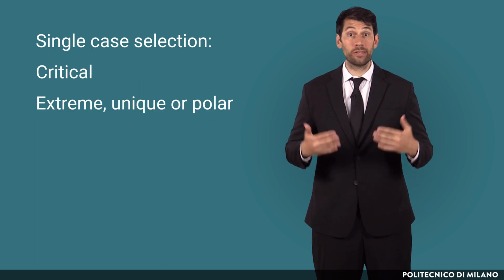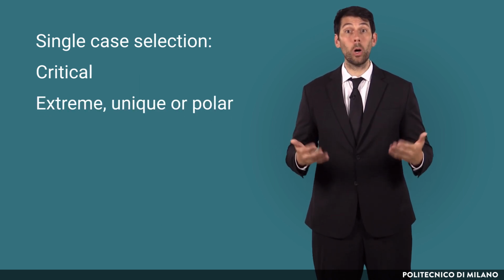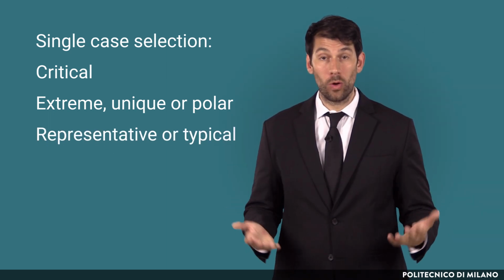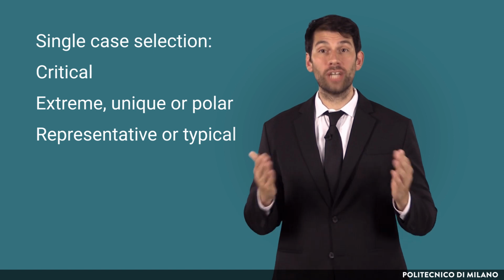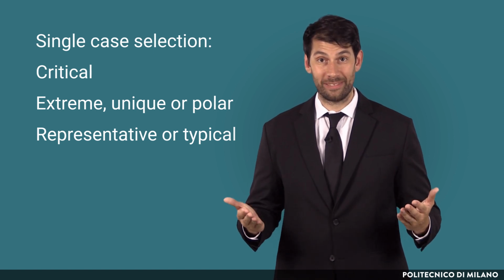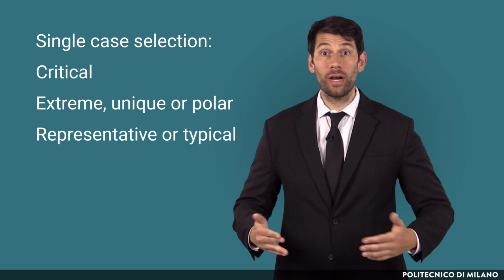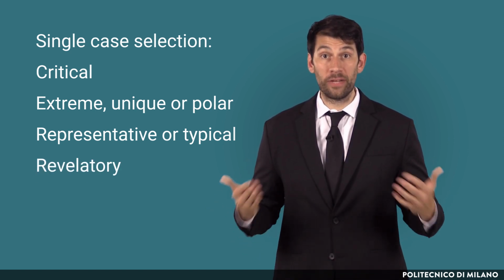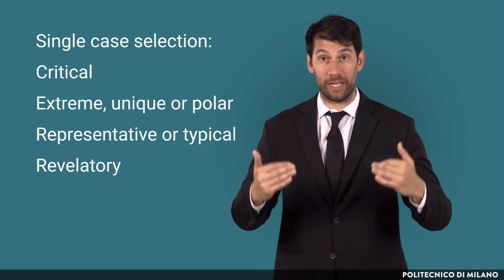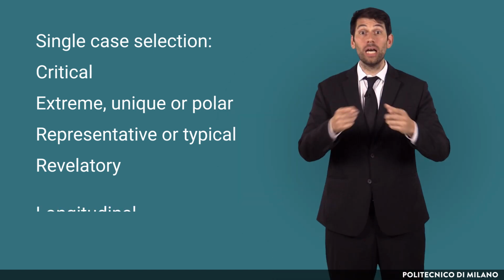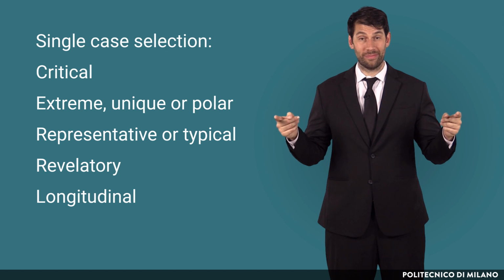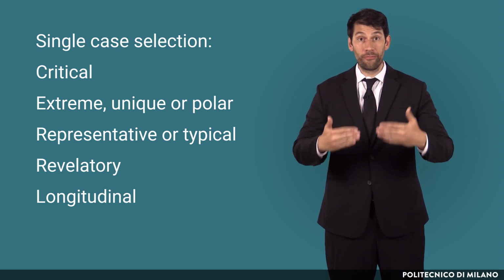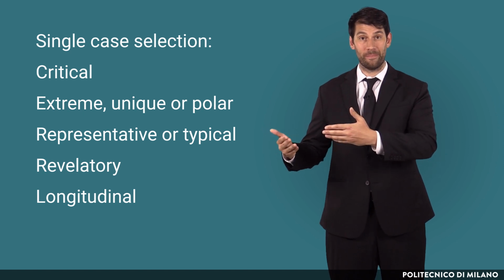You can select an extreme, unique, or polar case, or a representative or typical case for a phenomenon you want to investigate, or a revelatory case, which allows you to analyze previously inaccessible phenomena, or a longitudinal case, that is, you can observe the same things at different points in time.